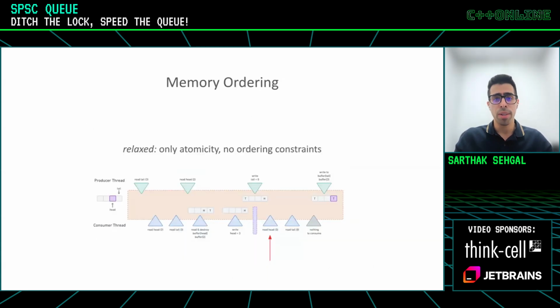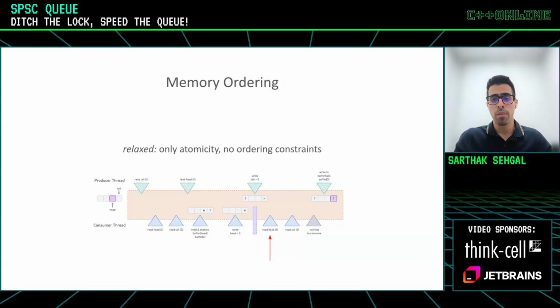Memory ordering defines how access to memory, maybe even non-atomic memory, is ordered around atomic operations. For example, in our case, the buffer is non-atomic. One of the memory orderings is relaxed, which only ensures atomicity and has no ordering constraints. For example, I know that only the producer thread is writing to the tail, and only the consumer thread is writing to the head.